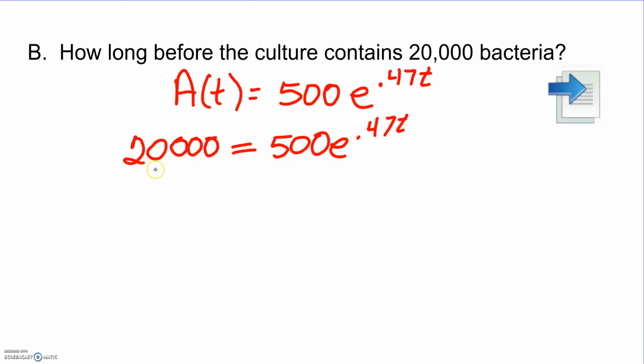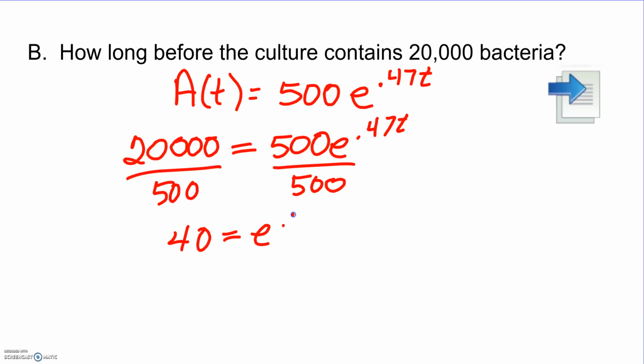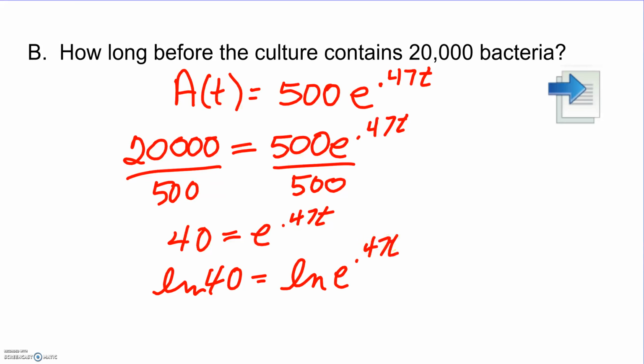Divide both sides by 500. 20,000 divided by 500 is 40. Take the natural log of both sides. The natural log of e to the 0.47t is just 0.47t, because the natural log of e is 1.